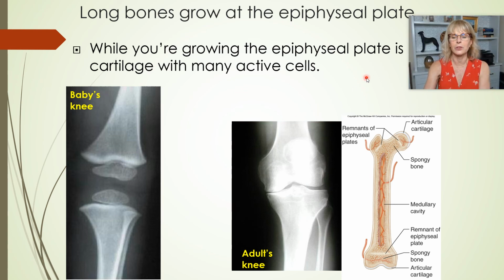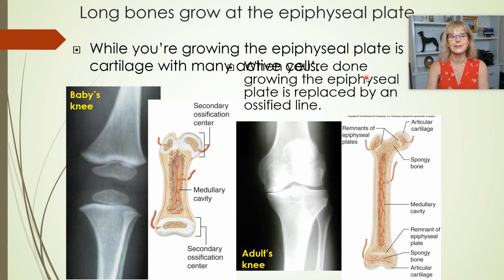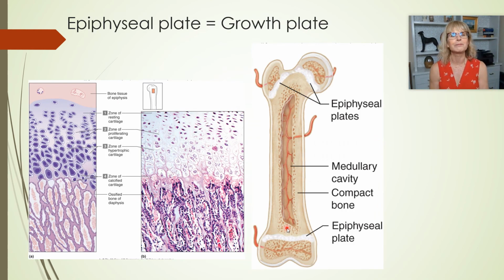But once you're done growing, these growth plates will become little scars, and for a while they'll show up in an x-ray as a delicate little line. Sorry, that was messy. So your epiphyseal plate is the growth plate. It's hyaline cartilage while you're still growing. When you're done growing, it turns into the epiphyseal line, and there's no more cartilage there anymore.